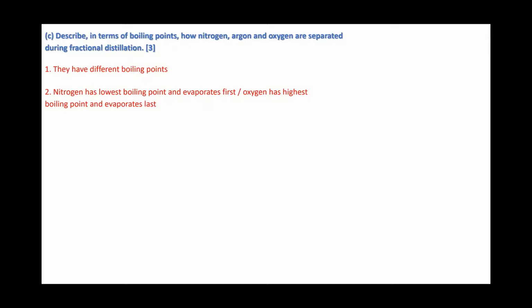So, nitrogen having the lowest boiling point will evaporate off first, whereas oxygen, as it has the highest boiling point, will evaporate off last. The final point you should then be making is that as a consequence of their different boiling points, the gaseous components of the air can be collected at different regions of the fractionating column, as they will all liquefy at different temperatures, as I have just exemplified using nitrogen and oxygen.